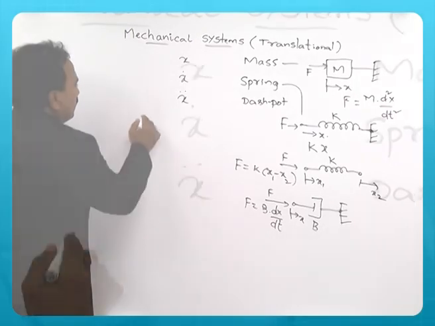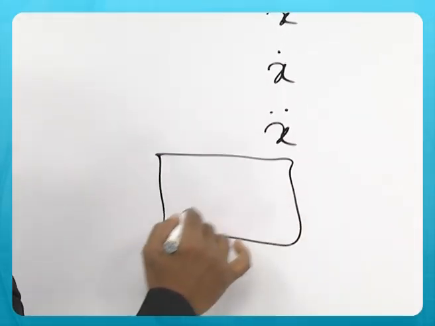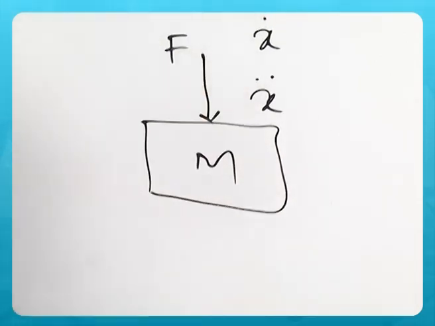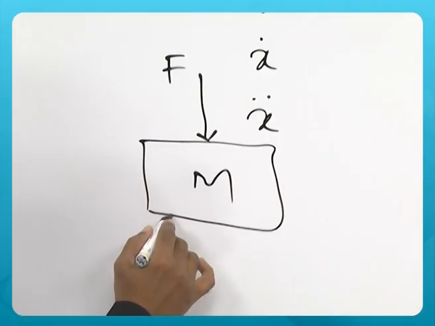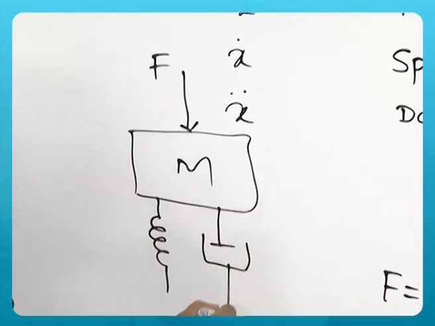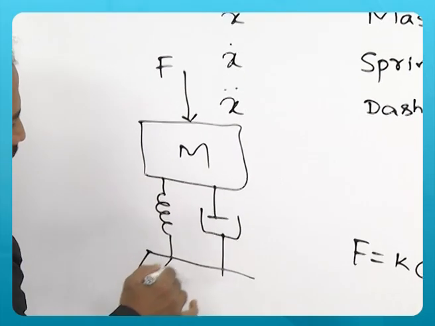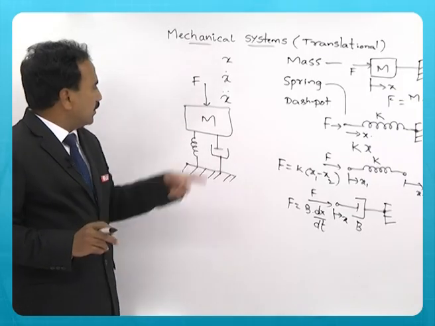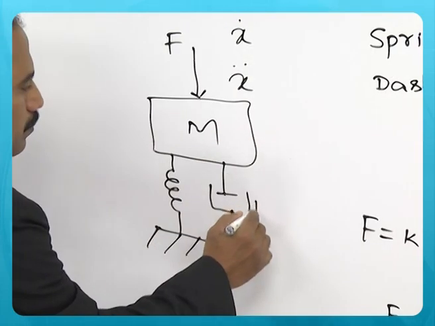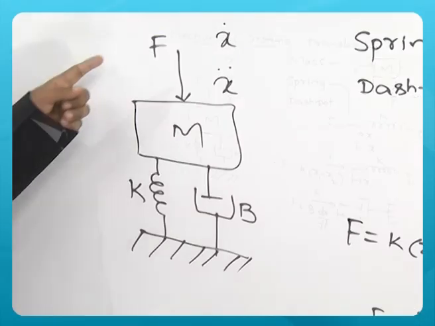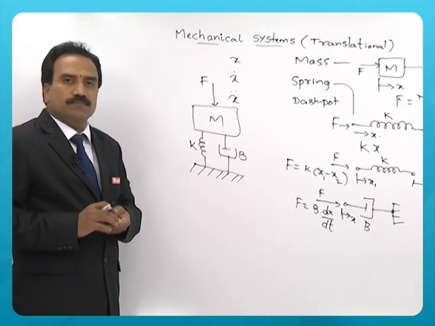You can represent a mass like this, and a force is applied on the mass. A simple mechanical system I have represented like this. All three components are involved, m, b and k, and a force is applied on it.